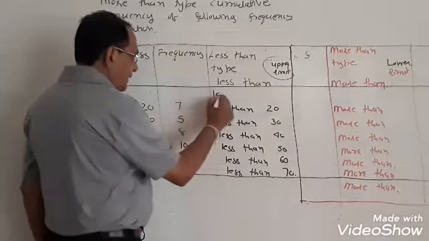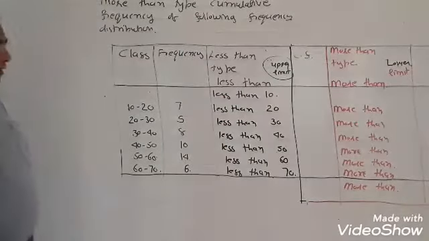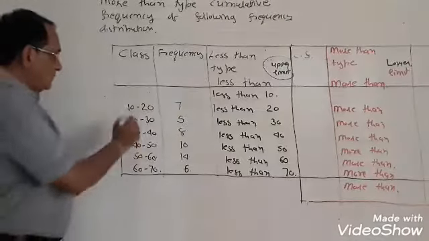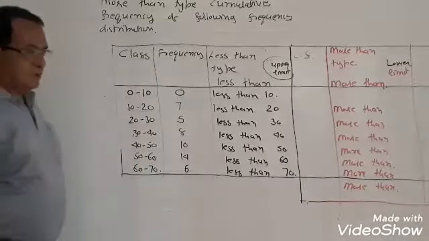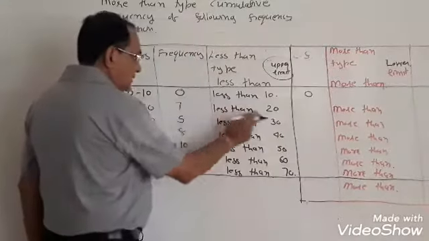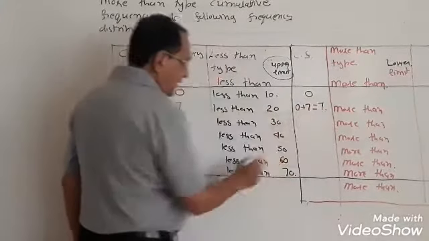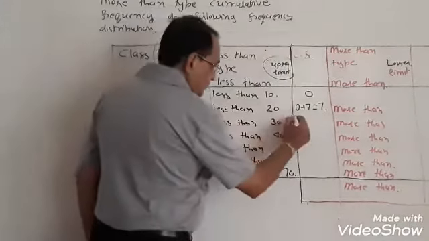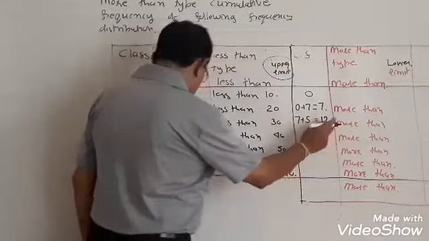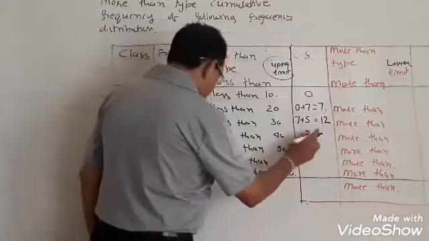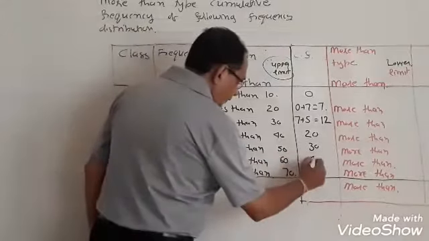Upper limit of the preceding class: less than 10. What is the frequency of less than 10? Suppose you write here 0 to 10. Frequency is not given, that means it is 0. Less than 20: 7 plus 0, 7. Then 7 plus 5, 12. 12 plus 8, 20. 20 plus 10, 30. 30 plus 14, 44.